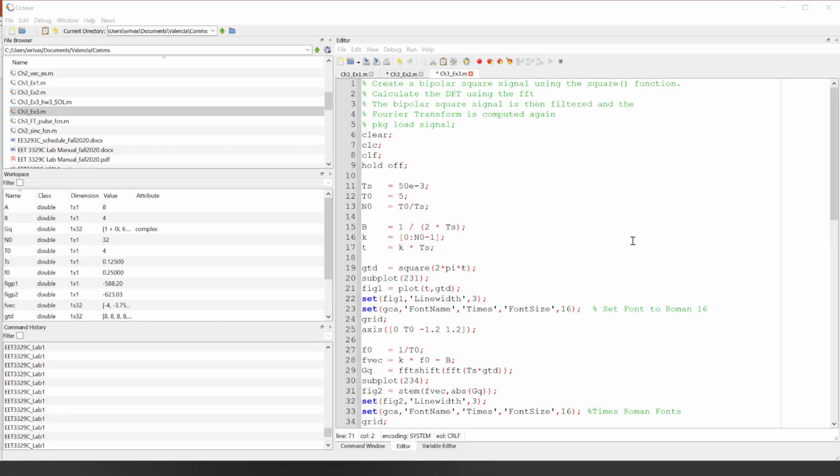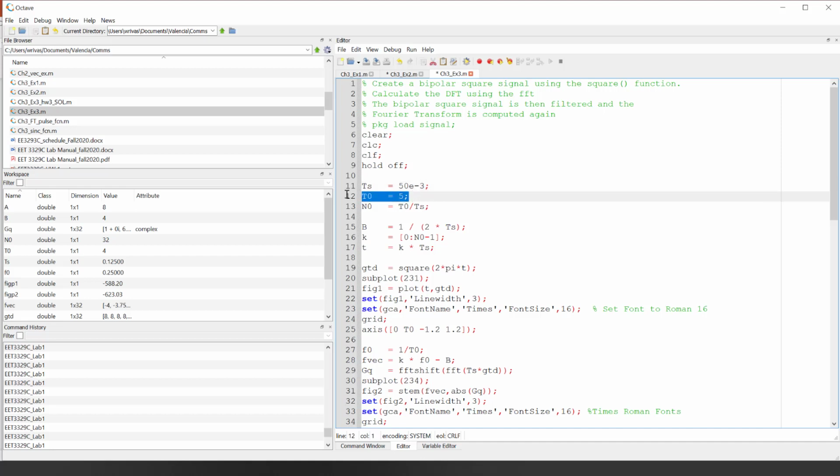All right. So here's the Octave code for it. I selected a sampling rate of 50 milliseconds, right? And if I have a signal with a 1 second period, 50 milliseconds gives me about 20 samples per period. I think that's good enough.